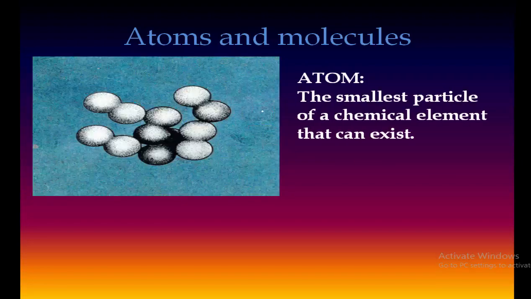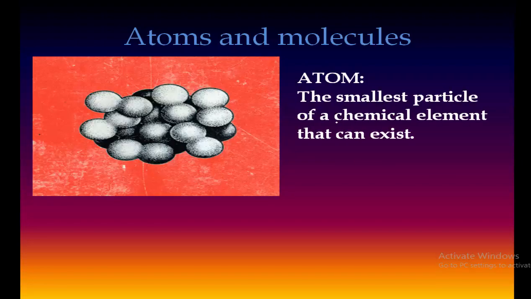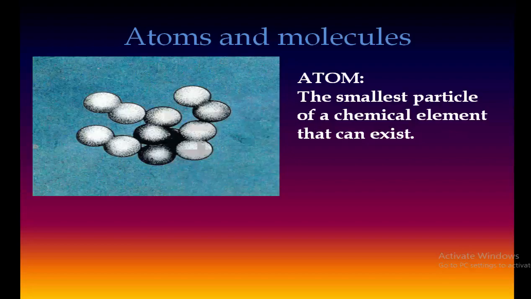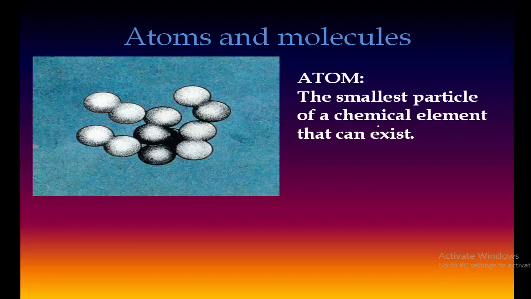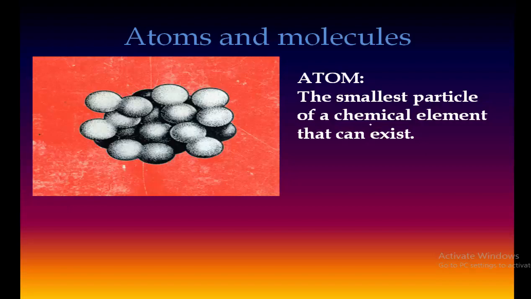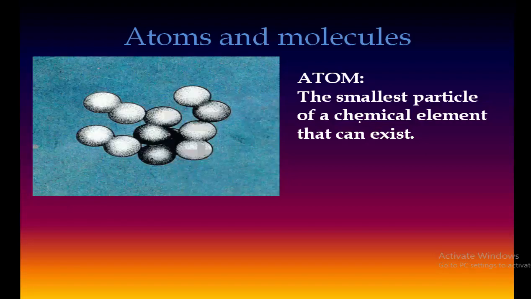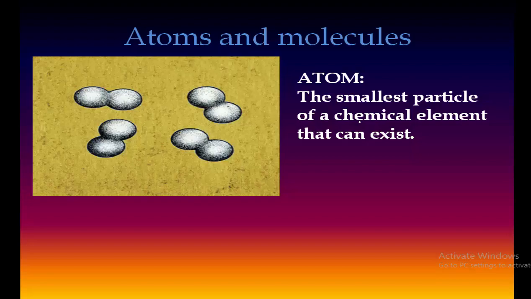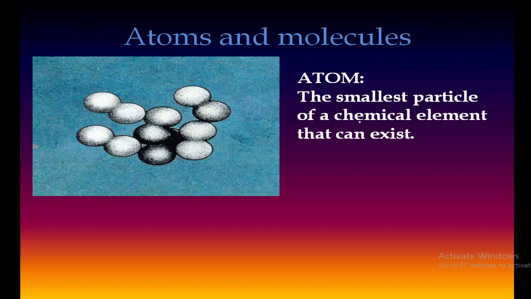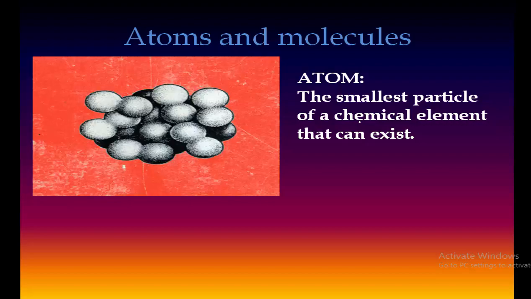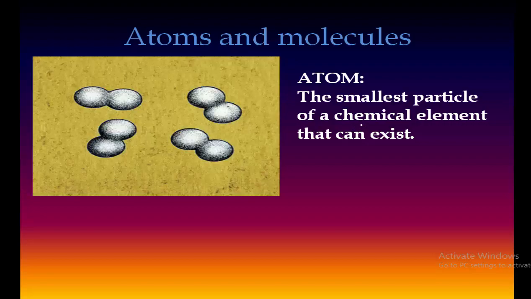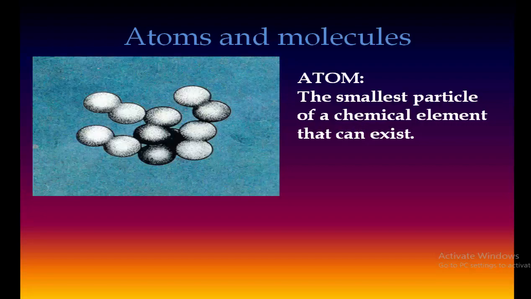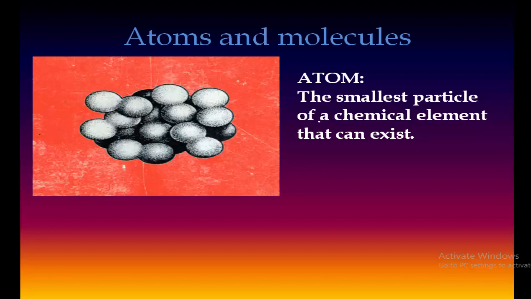Atoms are the smallest particles of a chemical element that can exist. Whatever substance you take, when we break it down into small particles, at last we will obtain the smallest particle that can exist in that element or substance. That is said to be an atom.